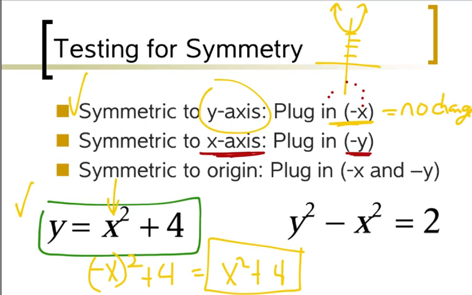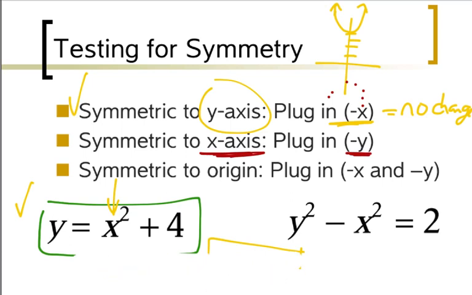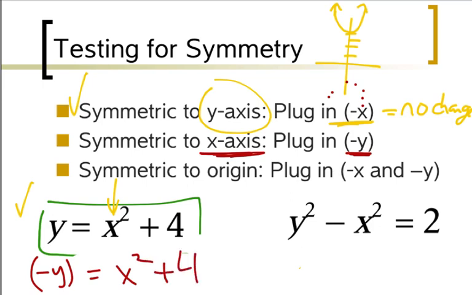So over here I put a negative in for y. In other words, I put a negative y where the y is. And then the question is, does it change the formula? Well, yes, it does, because it doesn't clear itself out like the x did. So because that did change, this is not symmetric to the x-axis.